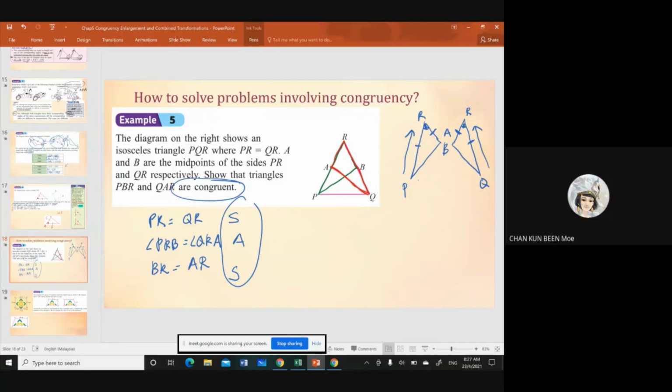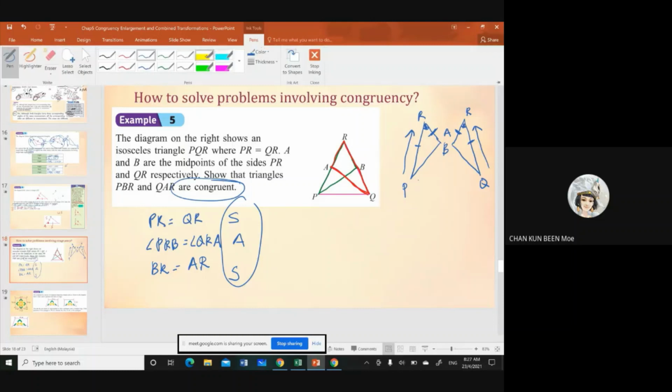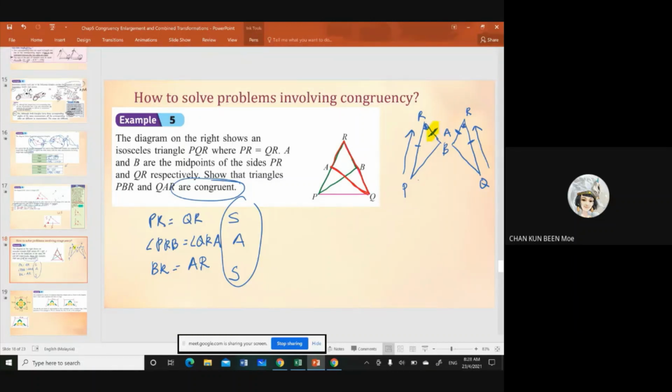Can? So besides using side, angle, side, you also can just follow any of the triangle rules that we have learned earlier, the 6 triangles property. So besides that one, you can say side. I use different color so that you can see. Just this side. You also can use angle, side over here. Or you can use side, side, side.